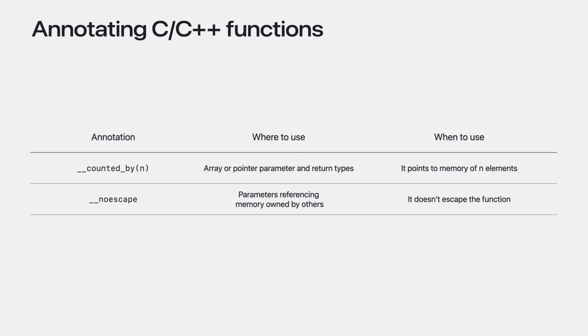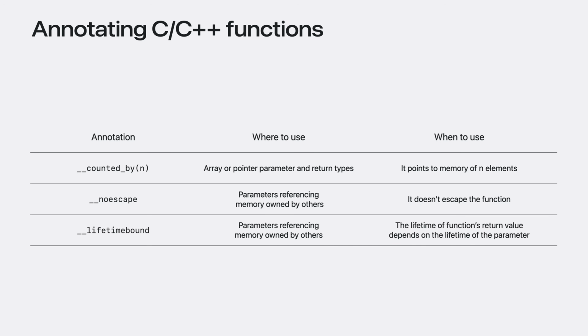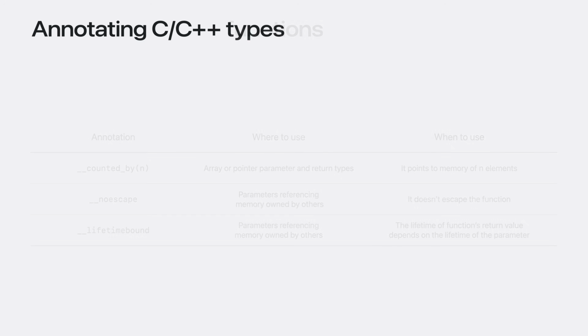If a parameter references memory owned by others, and the parameter does not escape the function, use noEscape. If the function return value references memory whose lifetime depends on the lifetime of a parameter, add the lifetime bound annotation. By adding this information, you enable Swift to import the pointer as a safe Swift span type that doesn't need ceremony at the call site to use.